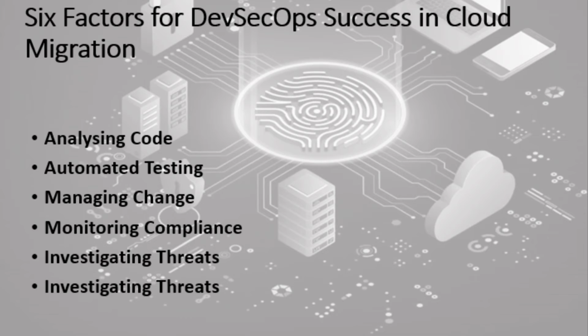Analyzing code. Continuous changes in software security during the process of cloud migration need to be made. This means looking at the code and revising it several times. This may also influence review of code, quality assurance, and cycles of delivery.